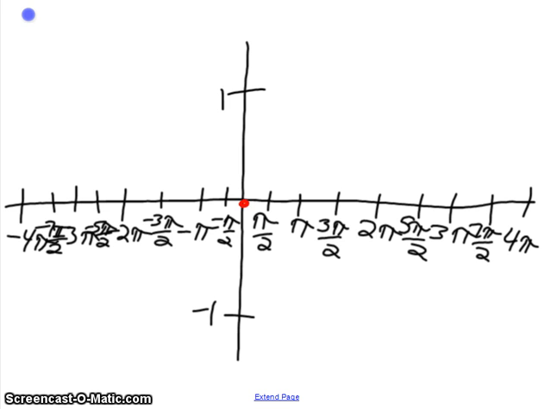The sine of 0 is 0, and the sine of pi is 0, and the sine of 2 pi is 0, and the sine of 3 pi is 0, and the sine of 4 pi is 0. And to the left of the y-axis, the sine of -pi, -2 pi, -3 pi, and -4 pi are all 0.